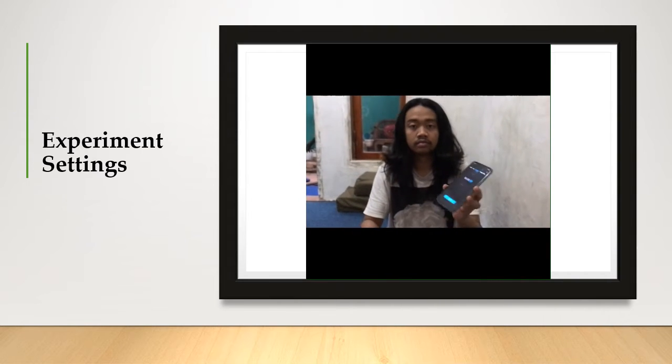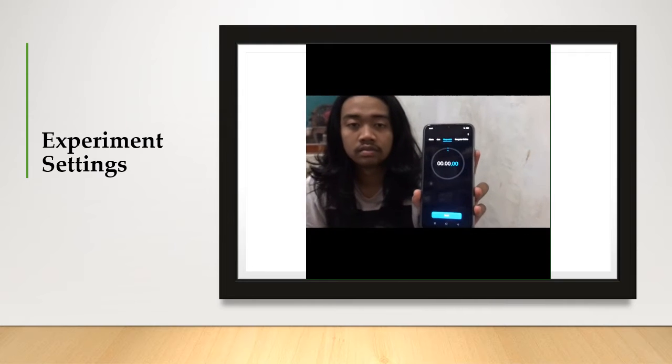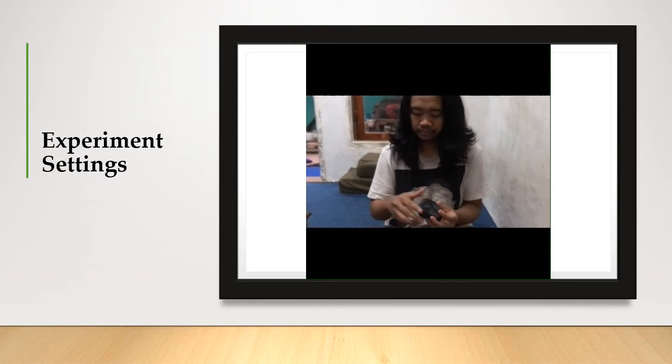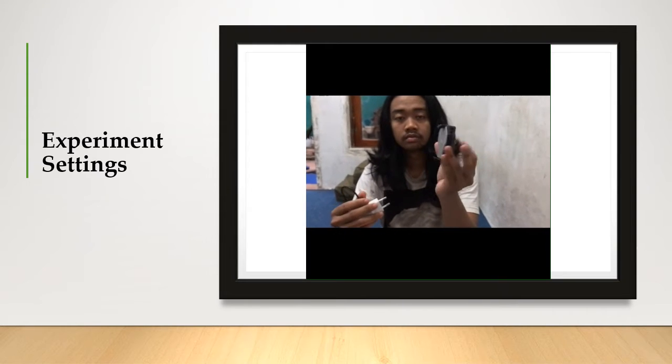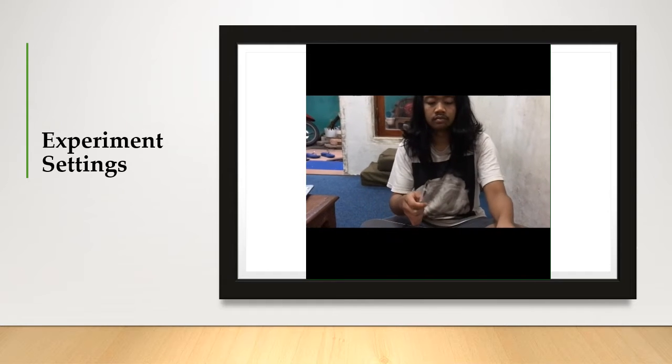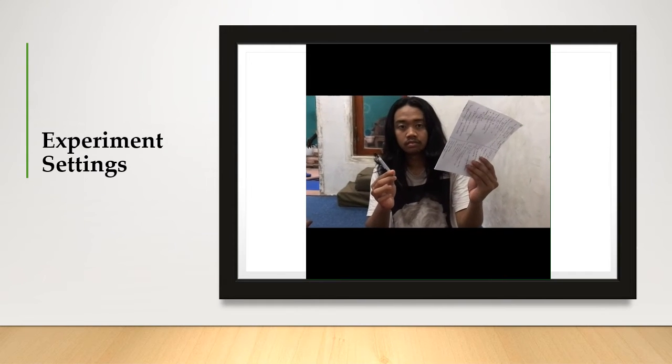And second, we need the stopwatch to measure the cooling time. Also, this is the fan cooler itself for the fan cooler attachment experiment. And we also need paper and pen to record every data.